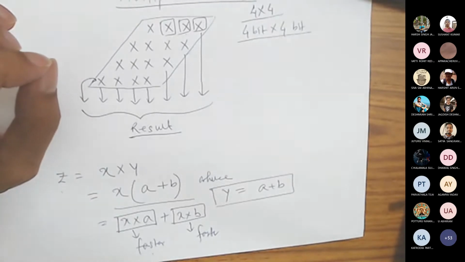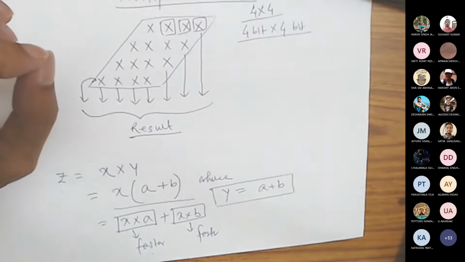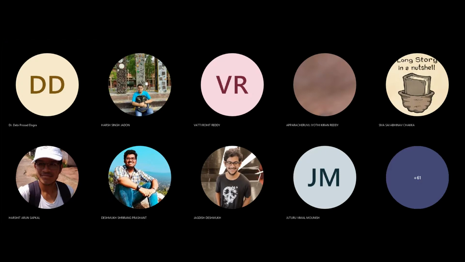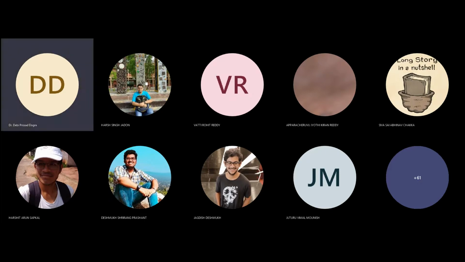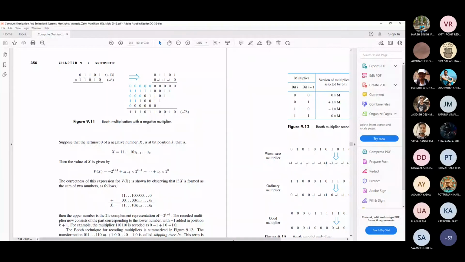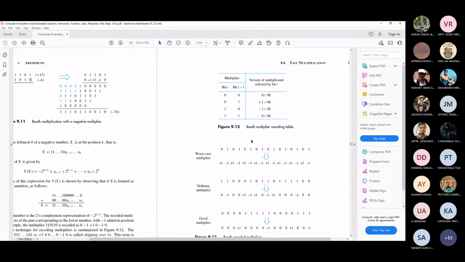So I need to first convert this multiplier into, let me again share my screen. Yeah, so the Booth's multiplier recoding table looks like this. If bit number i minus 1 is 0 and bit number i is 0, then you multiply 0 with the multiplicand.